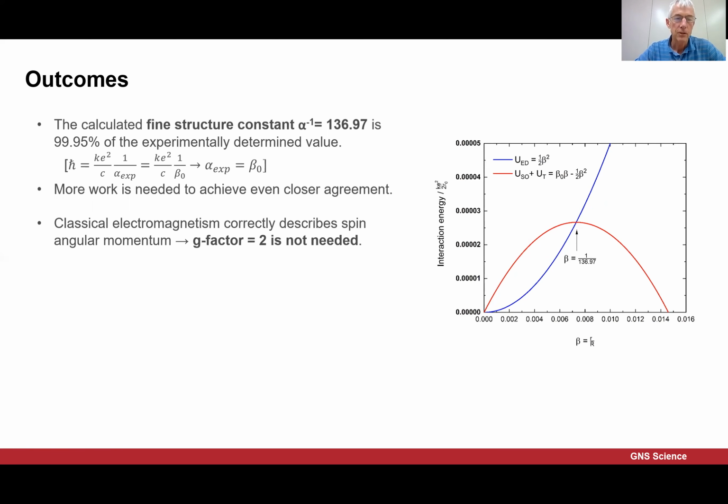In Larmor's equation, a g factor of 2 was arbitrarily assumed. This was added to make the theory fit the experimental results.